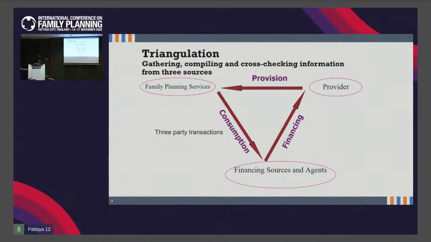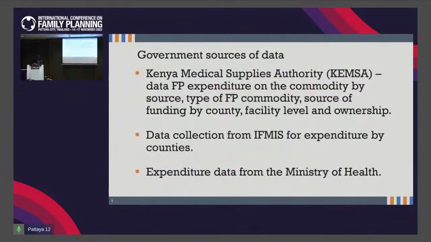However, we have also changed slightly our classifications so that under the provision, we combine the inputs and services, and we call them FPSC, that is family planning spending categories. We want to emphasize that in FPSA, we track expenditures for FP services, not budgets and not commitments.